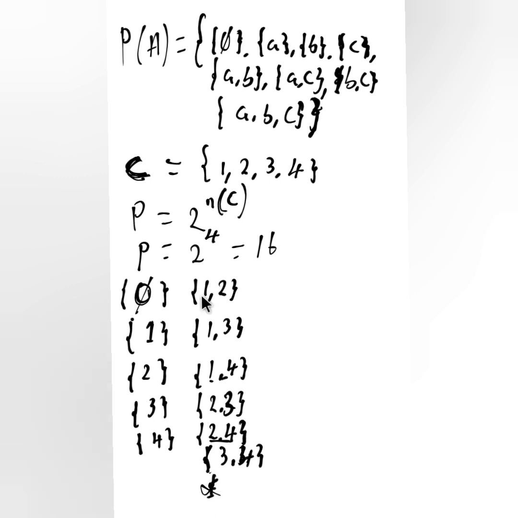Combining 3 of these elements together. But let's see how many we have altogether at this point. We have 1, 2, 3, 4, 5, 6, 7, 8, 9, 10, 11. We have 11 altogether, so we have 5 sets to go. So now let's combine 3 of these elements. 1, 2, and 3. 1, 2, and 4. 1, 3, and 4.